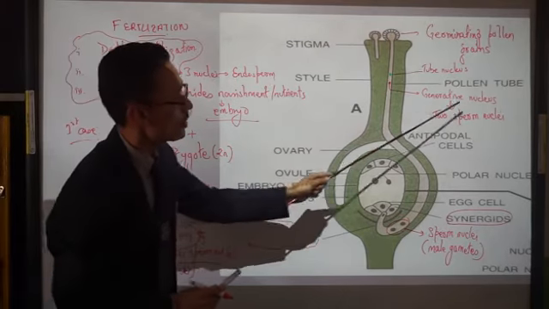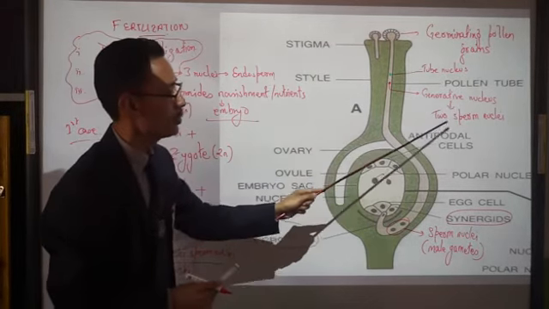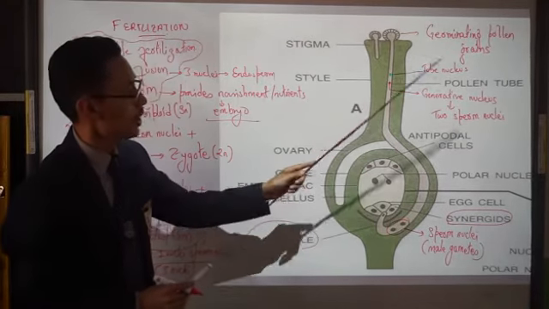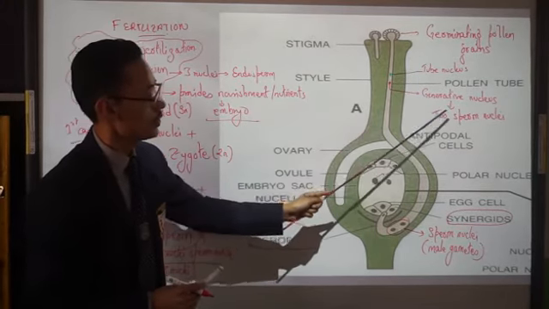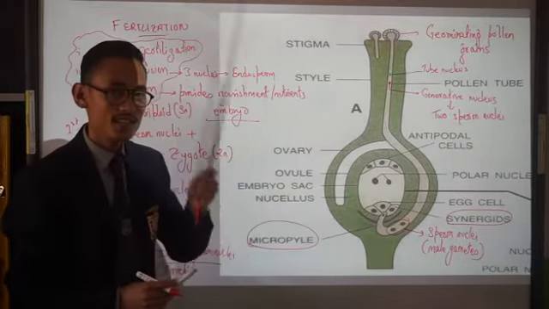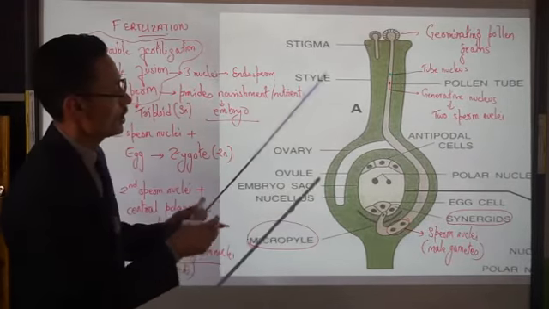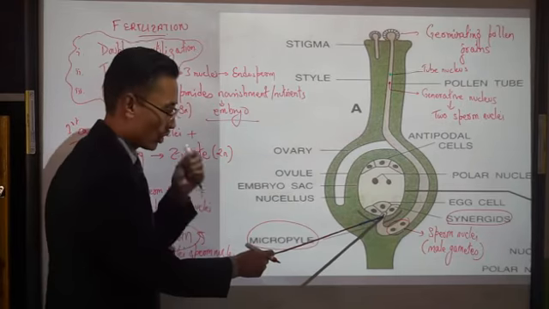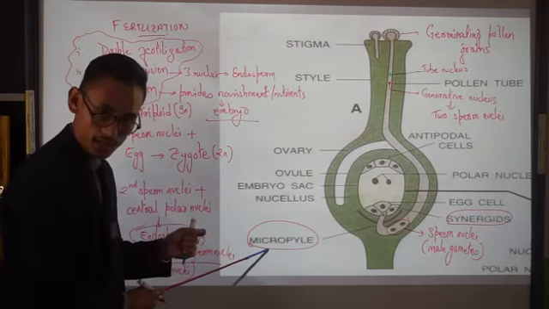This generative nucleus will divide to form the two sperm nuclei. Clear? So there will be 3 cell states, 1 tube nucleus plus 2 sperm nuclei.